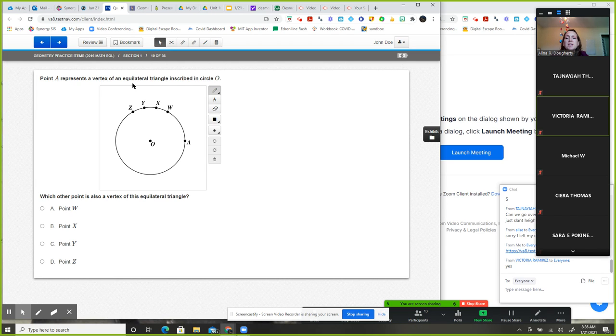Take a second on question 10 and see if you can figure out how to put an equilateral triangle inscribed. All of the corners of my equilateral triangle have to fit inside this shape, and I've got to use A. Point A has to be there.